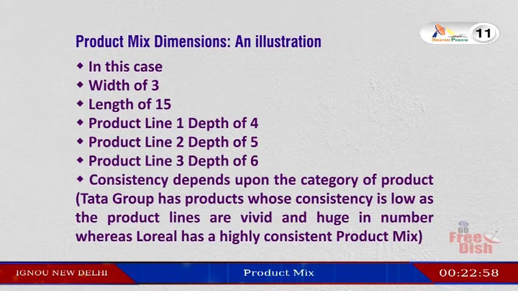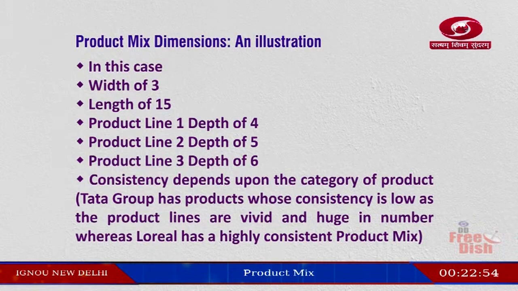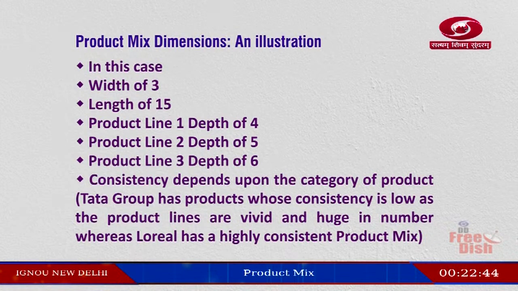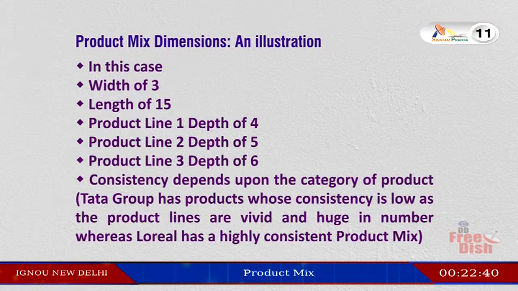Put together, that is the length of the product mix. And when we talk of depth, in product line 1, since we are offering 4 variants, the depth of product line 1 is 4. In product line 2, since we are offering 5 variants, the depth of product line 2 is 5.